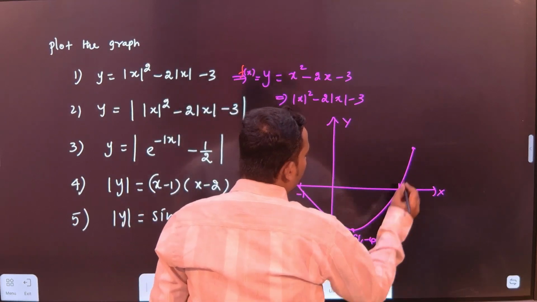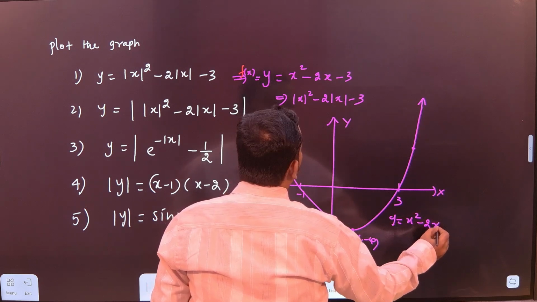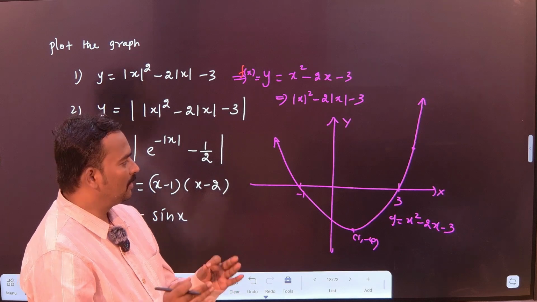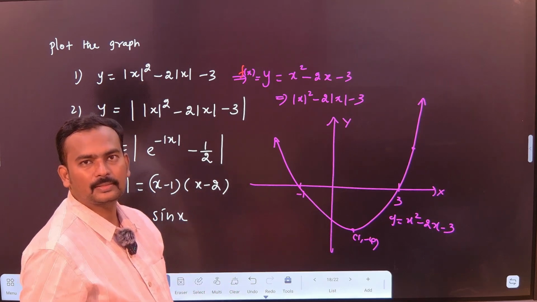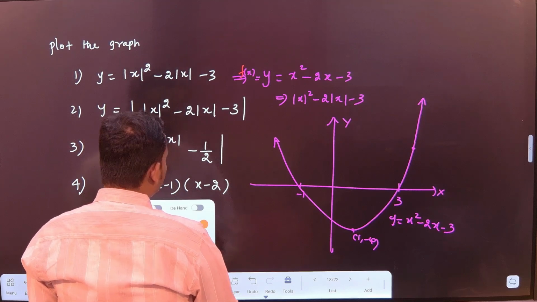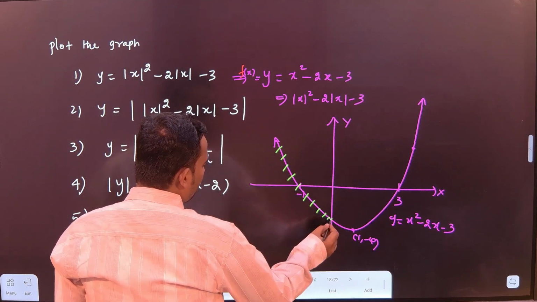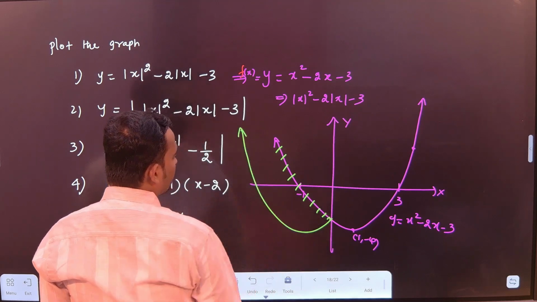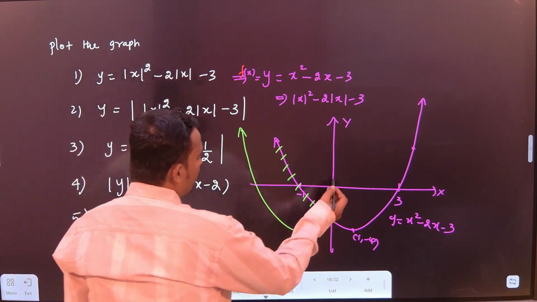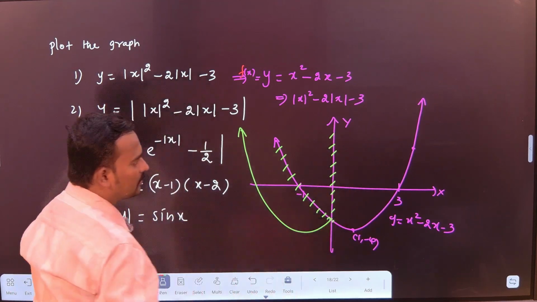This is your graph of y is equal to x square minus 2x minus 3. So what you can do is just replace x by mod x. That means whatever the negative portion is, remove it. You take the right side portion's image, right? Whatever the right side is, take the image with respect to the y-axis.